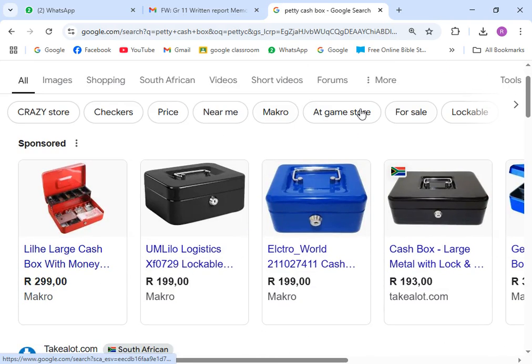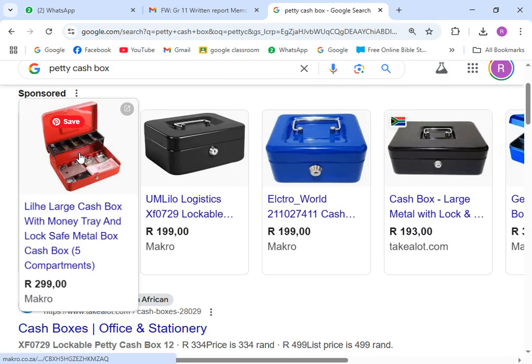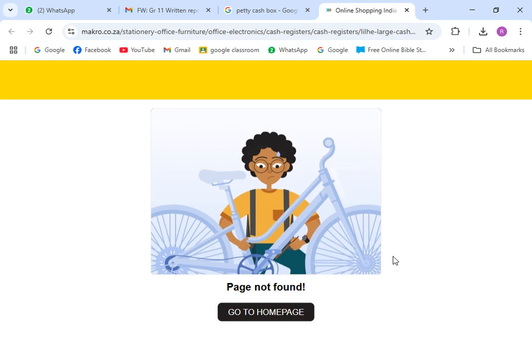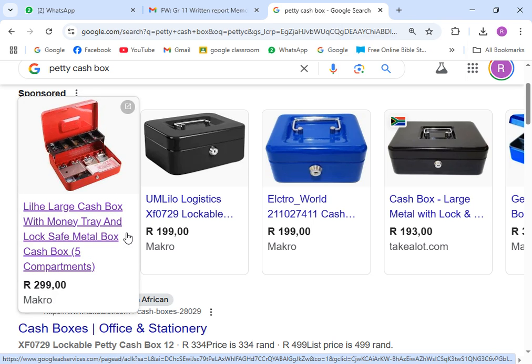Can you see there's the money and the coins? So that's a petty cash box.